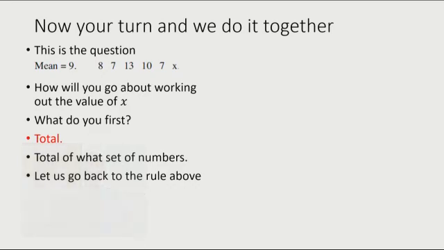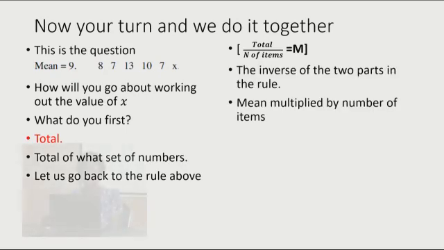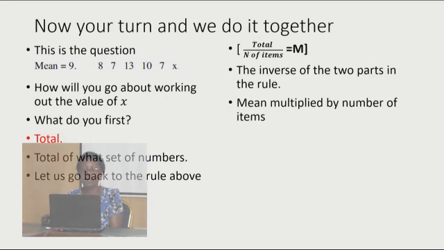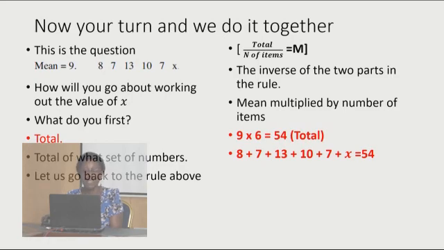Go back to the rule. Always, very important, have the rule. Do the inverse. So the mean multiplied by number of items. How many items did we have? 6. What is the mean? 9. Multiply those two, 54. So 54 is the total. What did we do first in the rule?